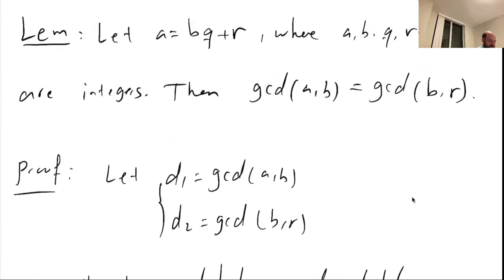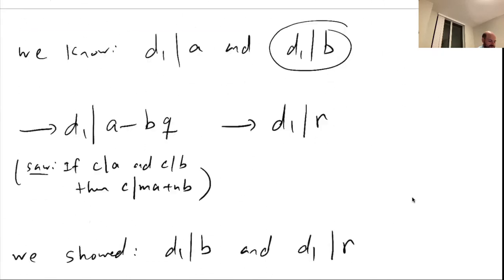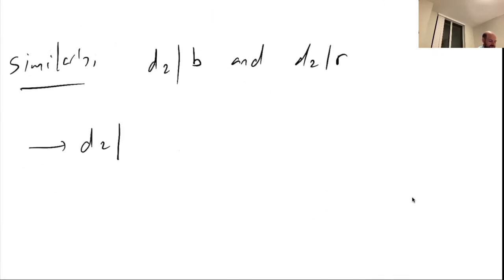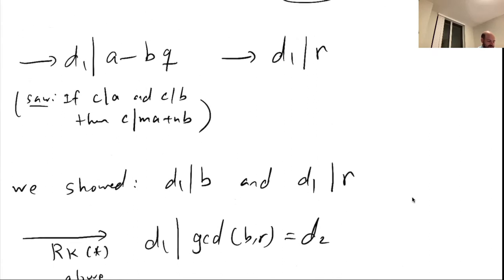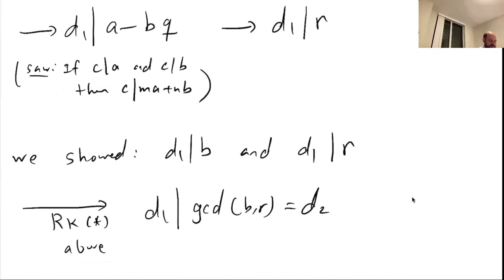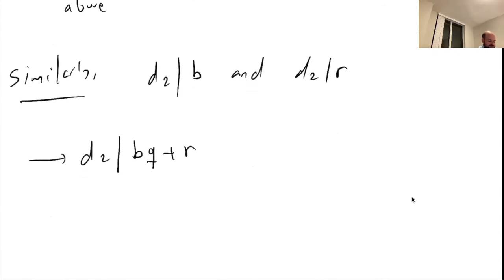A is BQ plus R. So D2 divides BQ plus R, again by the property that we said here: if C divides A, C divides B, then C divides MA plus NB. So D2 divides B, D2 divides R, so D2 divides BQ plus R. That means D2 divides A.